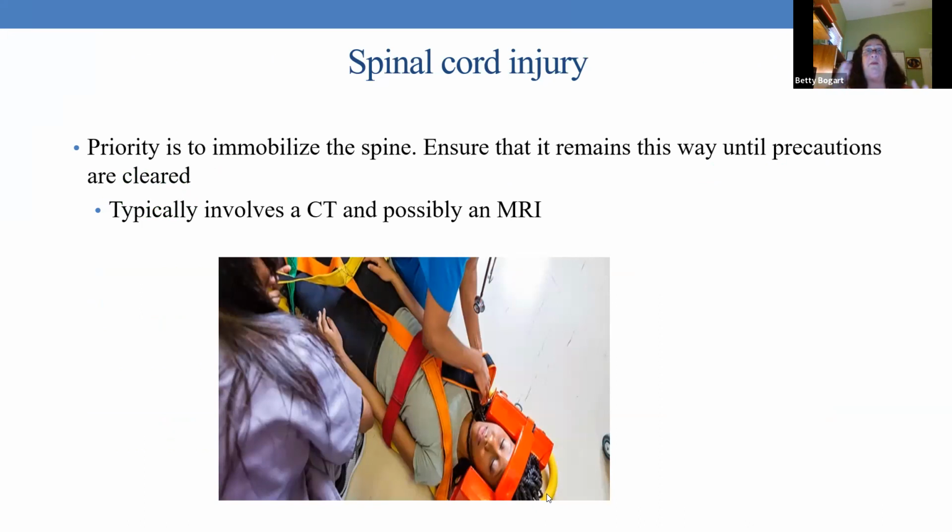It was quite pronounced. And my priority, and I was the primary trauma nurse, so that was my patient and I was not going to hurt him. My priority was to keep that spine immobilized and to talk to him and let him know what was going on so that he kept that spine immobilized.